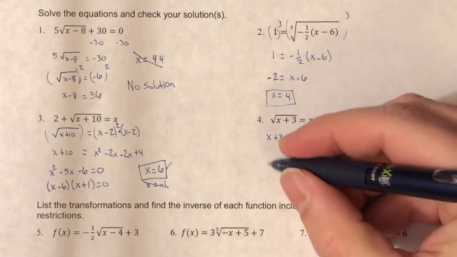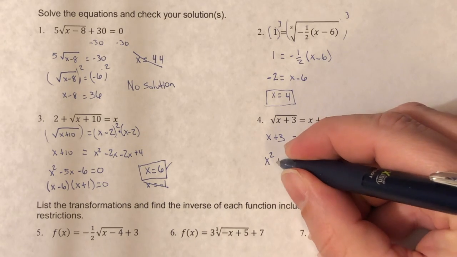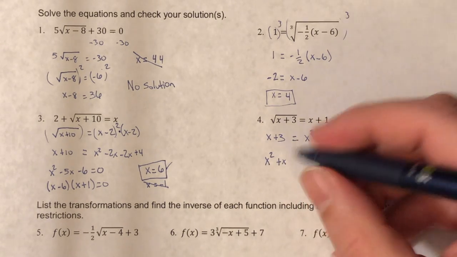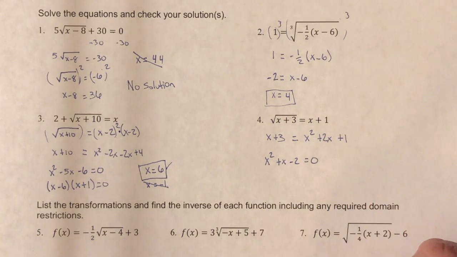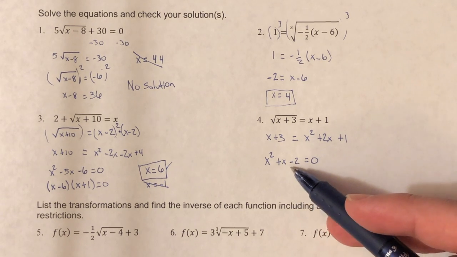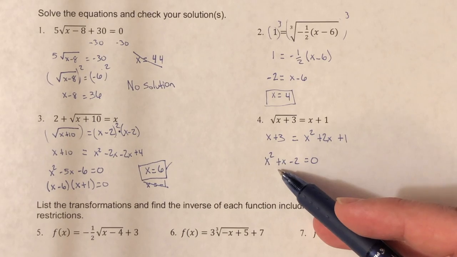I'm going to move everything over. So I've got x squared plus x minus 2 equals 0. So I'm looking for two numbers that multiply to give me -2, but add to give me +1.